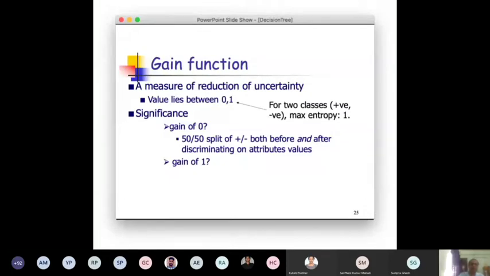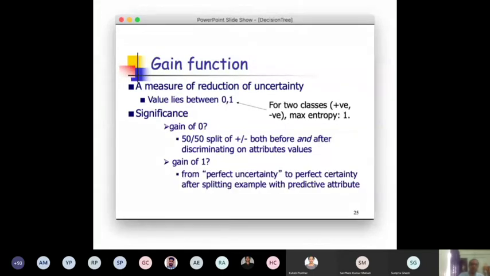And a gain of 1 means you have completely separated out these class labels into two partitions. So you have perfect certainty after splitting of labeling the classes.